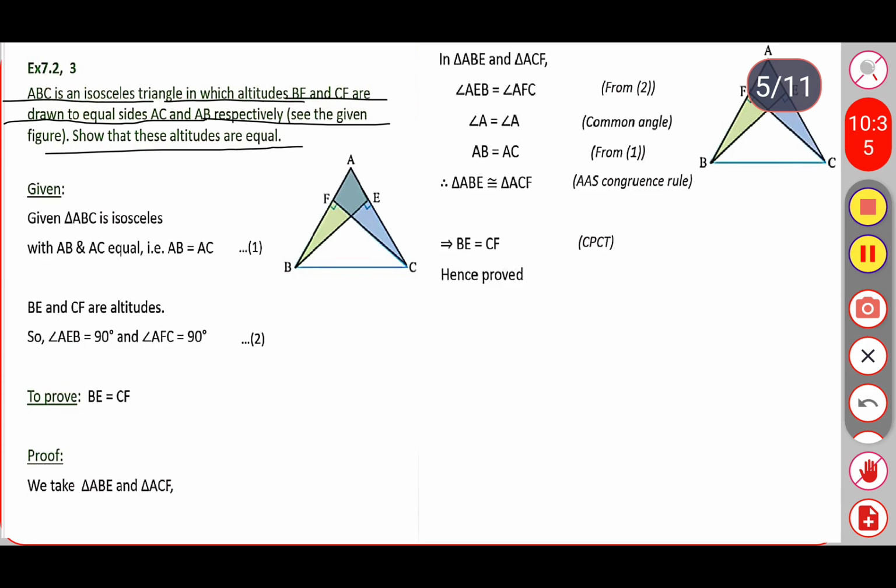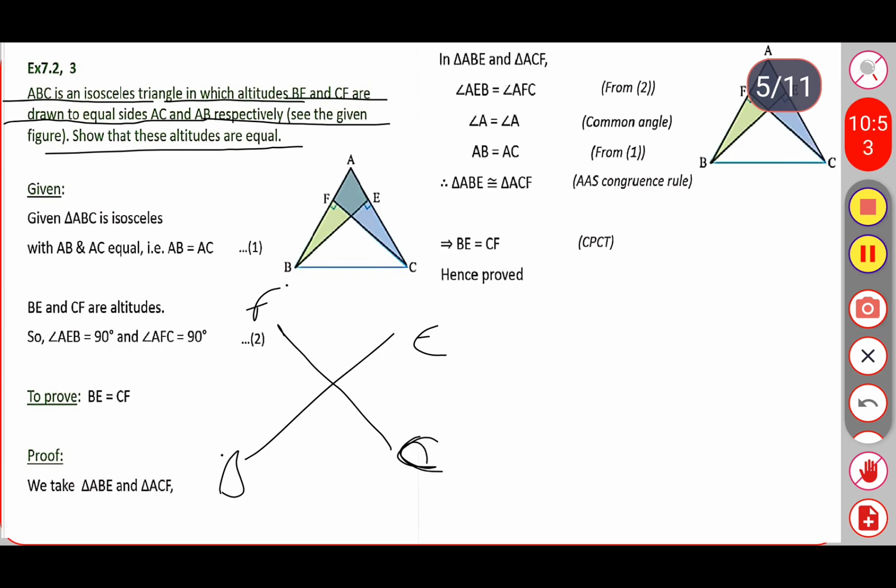Show that these altitudes are equal. Altitude means perpendicular lines. So you need to prove that BE and CF are equal.